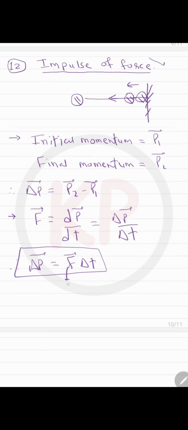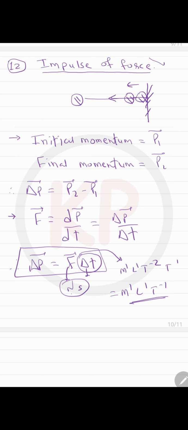The unit of force is Newton and the unit of time is second. So Newton second is the unit of impulse of force. Its dimensional formula will be the dimensional formula of force, M1 L1 T minus 2, into time, T1. This becomes M1 L1 T minus 1.